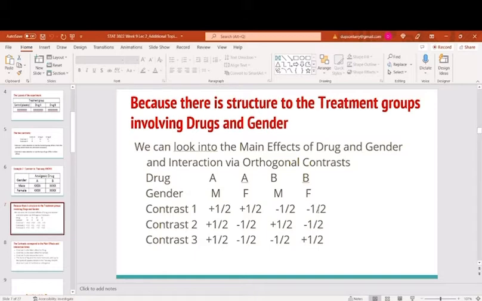And when you look at the third contrast, positive half is on A, positive half is on B, another negative half on A, and negative half on B. Automatically, that is testing the effect of interaction. And that was what I put here. I put the definition here.